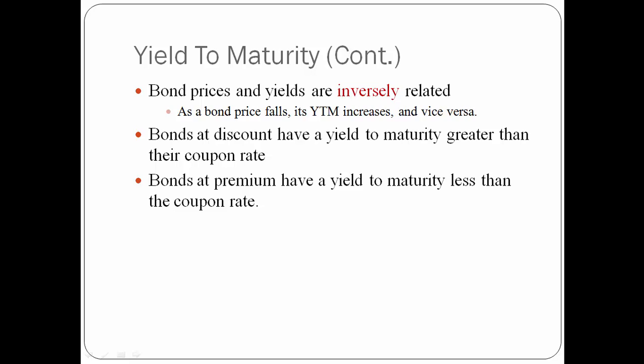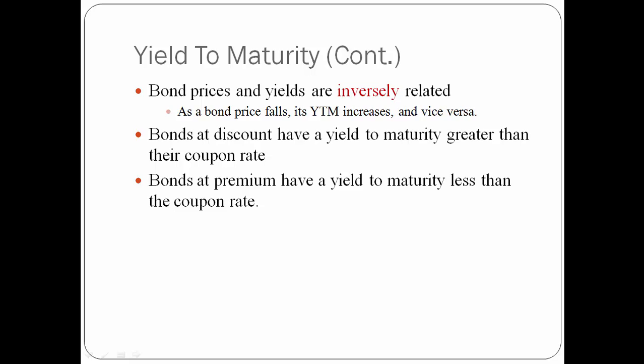Once you know how to calculate the yield to maturity, we say bond prices and yields are inversely or say negatively related. This is pretty natural to understand. If you have to pay more, or say pay a higher price, then the return you get will be lower. If you want a higher return, then you will be willing to pay a lower price today.